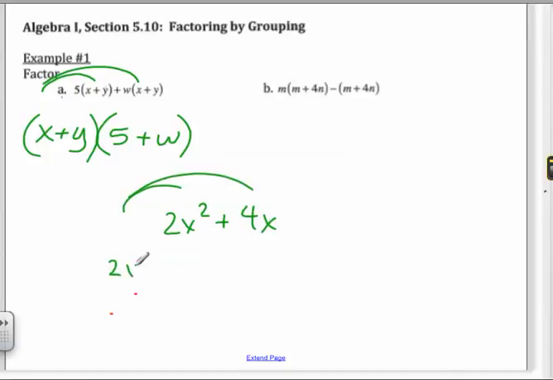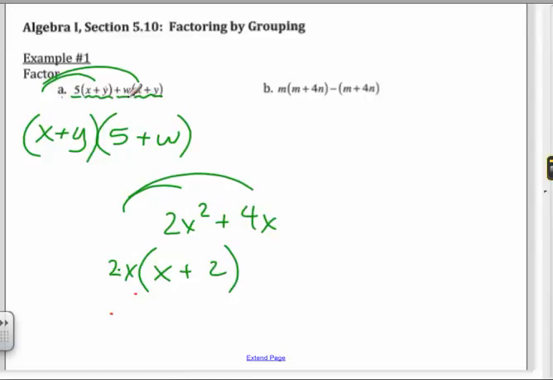I'm going to bring the 2x up front. 2x times x gives me 2x squared, and 2x times 2 gives me 4x. I pulled out a 2x. Well, I pulled out the x plus y from both of these, and it left me with 5 plus w. Everybody see how that's exactly the same as the very first thing that we learned how to factor? Good.